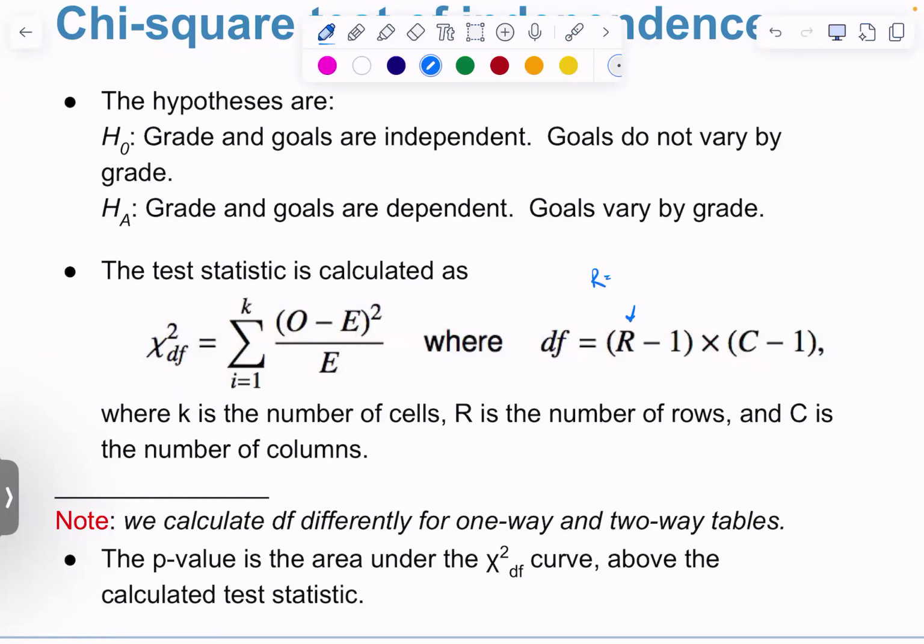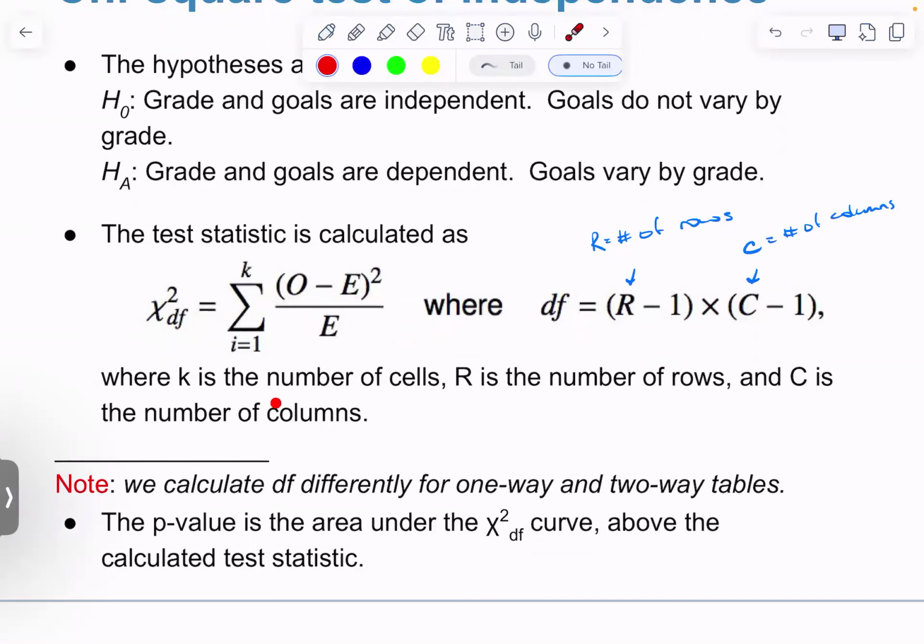R is the number of rows, and C is the number of columns. I spell it out on the formula sheets, but if you prefer R minus 1 times C minus 1, that's fine. K is the number of cells. We used K for the chi-squared goodness of fit, for the number of categories. And now K has turned into the number of cells, but we calculate our degrees of freedom differently anyways, so it doesn't matter.